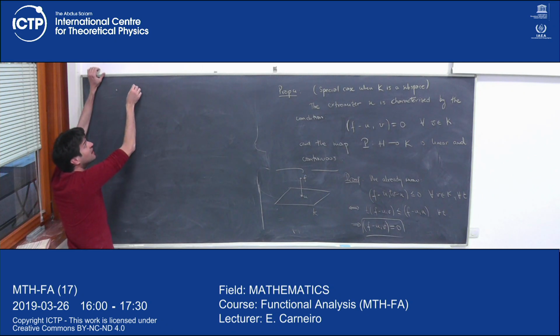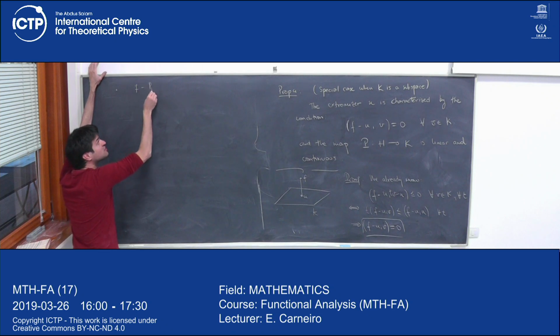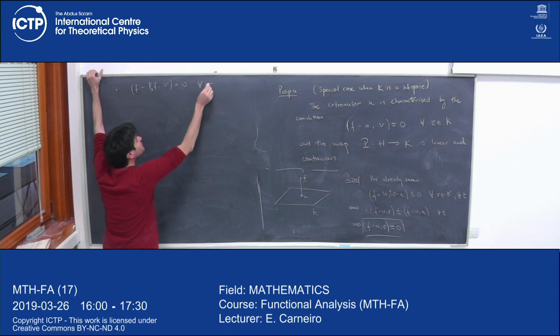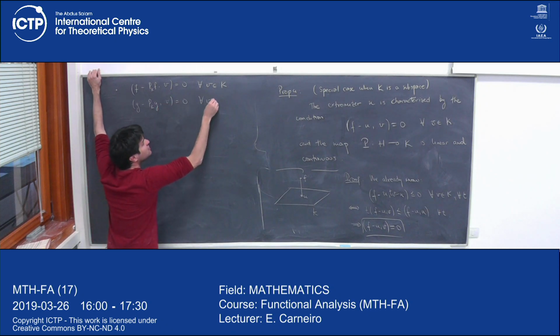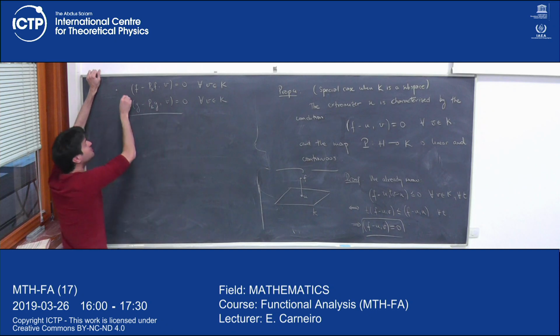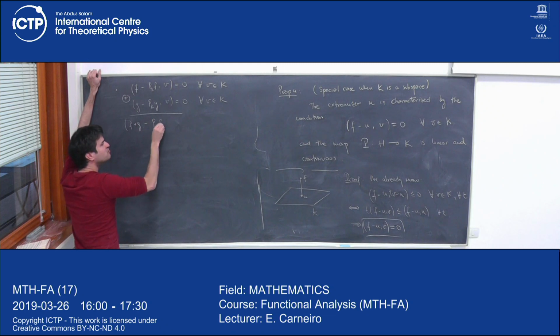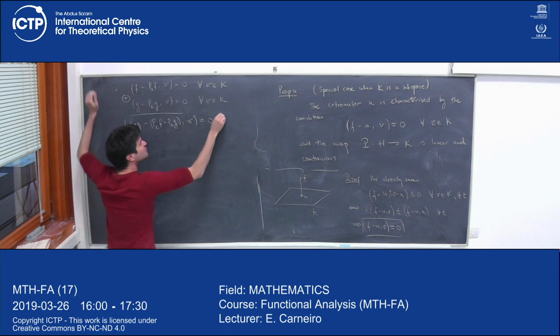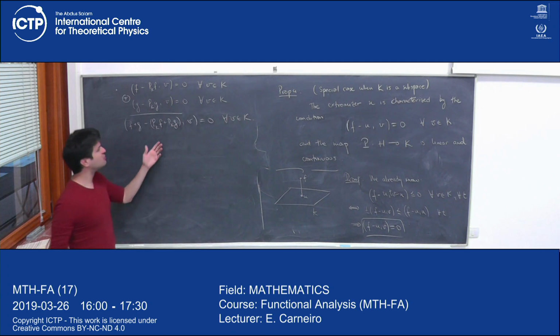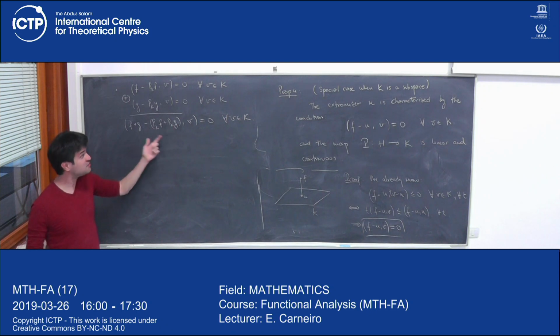This implies that (f minus the projection of f over K, v) is 0 for any vector v in K. Likewise (g minus the projection of g in K, v) is 0 for any v in K. You just add them up and you have (f plus g minus this vector P_K of f plus P_K of g, v) is 0 for any v belonging to K. But remember, there was a unique vector that verified this property for all v's.